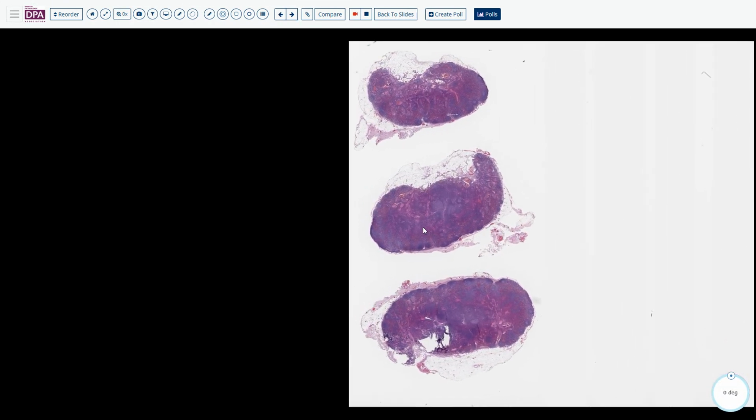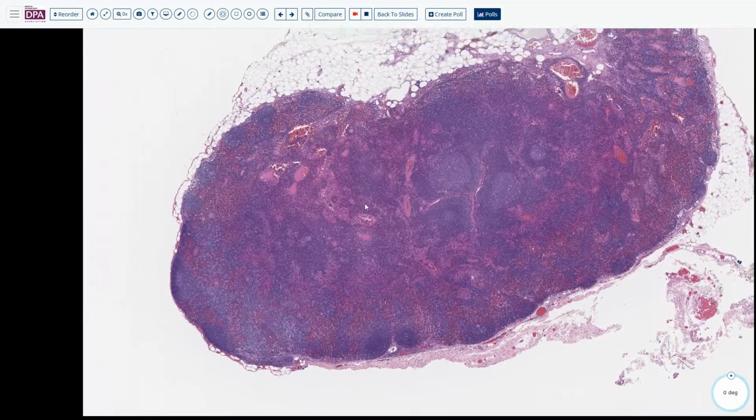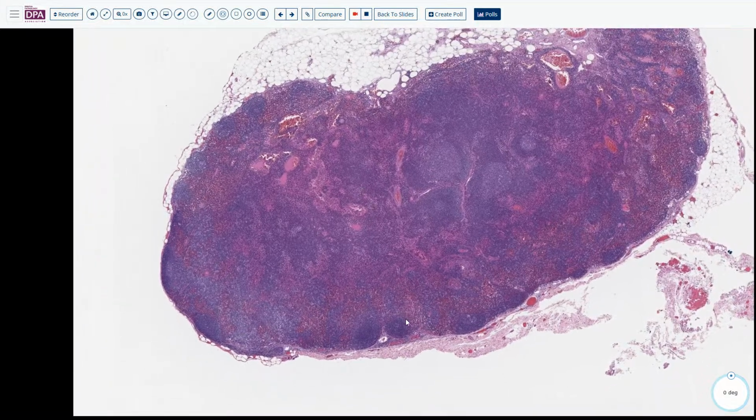And here's the whole image of a normal lymph node. Just to show you really quickly, the primary germinal center and then the secondary. Between the germinal centers we have this pericortex area with T cells, then the subcapsular sinus, and this is the medullary sinus.